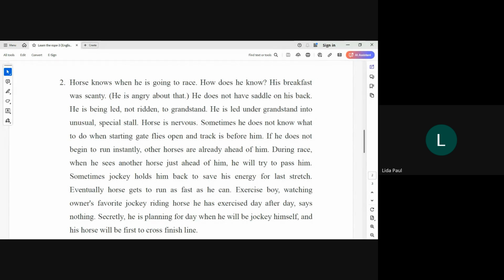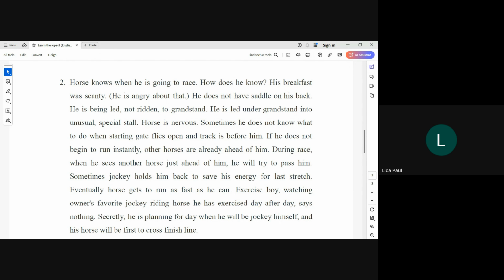Okay. We start. Yes, ma'am. The first sentence: a horse knows when he is going to a race. I told you this is in continuation, but since it is mentioned as a different paragraph, we'll treat it like that only.